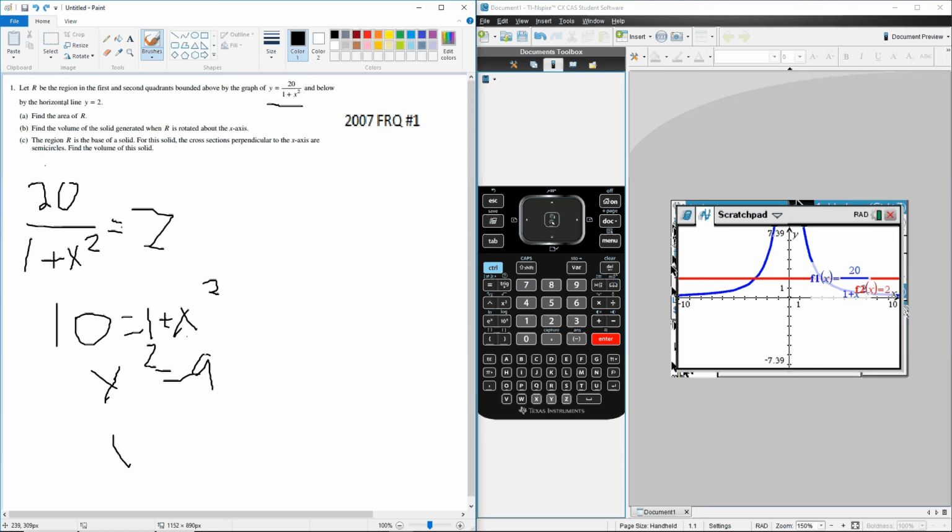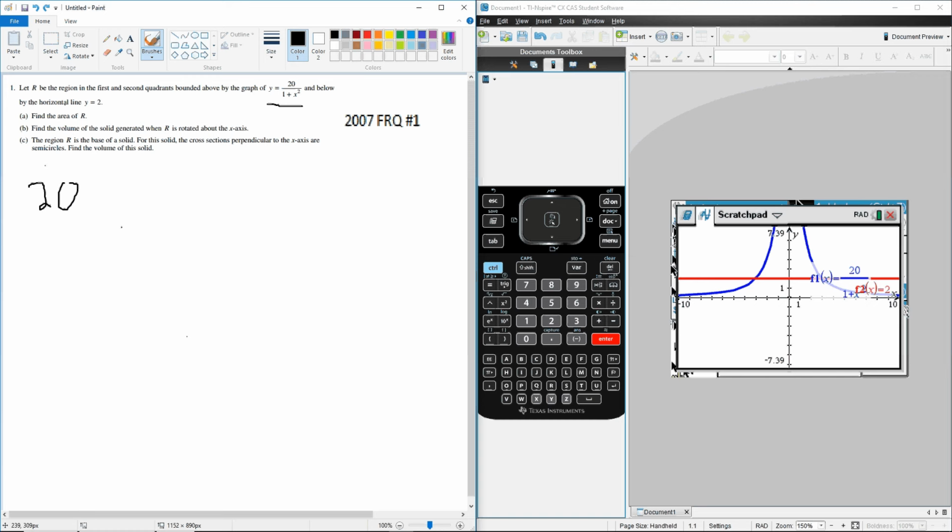So let's actually go about solving part A, which says to find the area of R. R is going to be this area, and to find the area of that, we're going to want to find the area under this blue part, which is going to be all of this, and then we're going to want to subtract the area that's under the red part, which is going to be this part down here, and that'll just leave us the area of R that we're looking for.